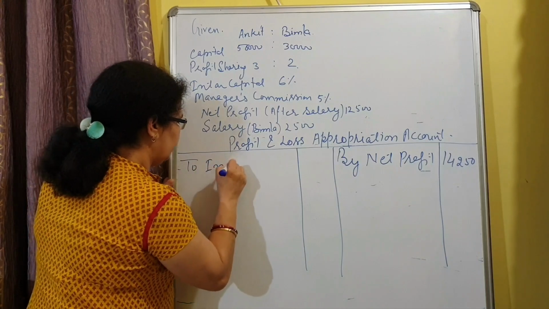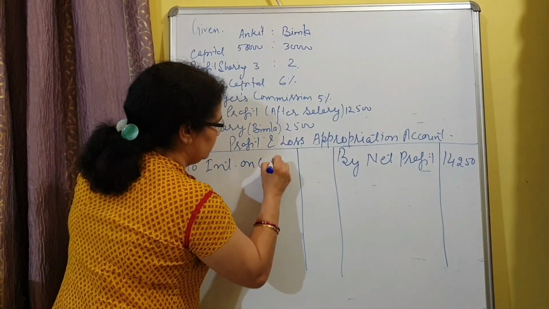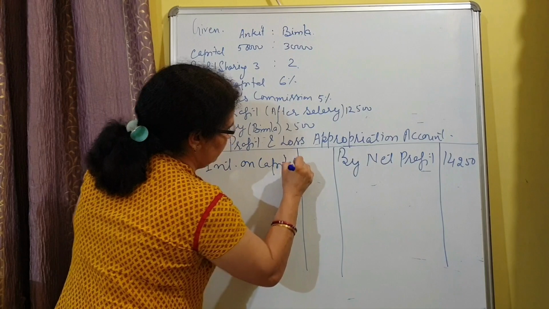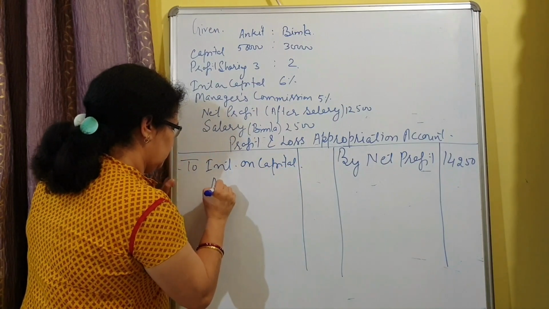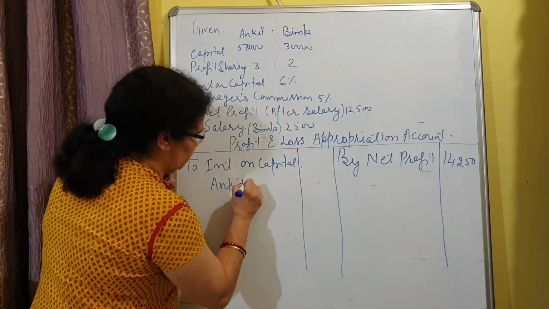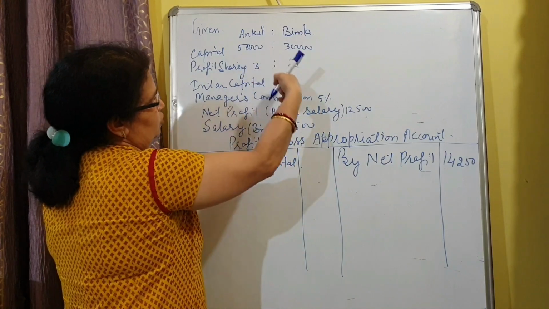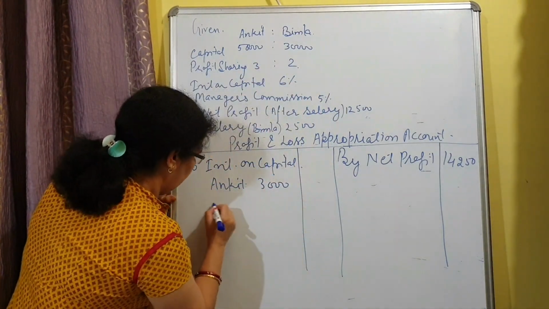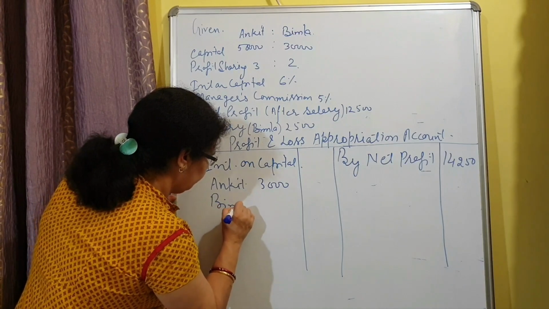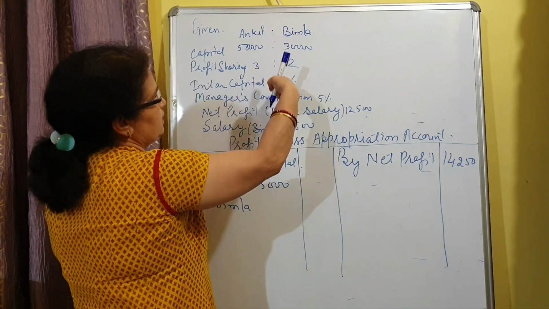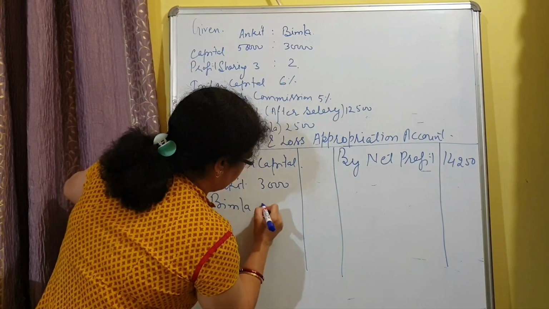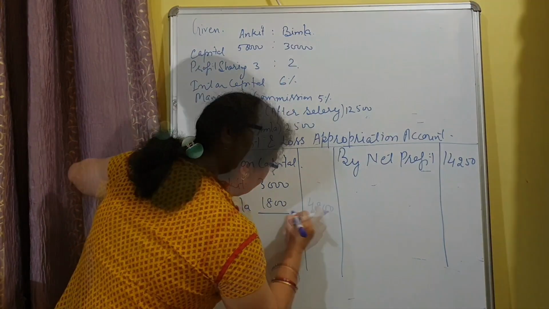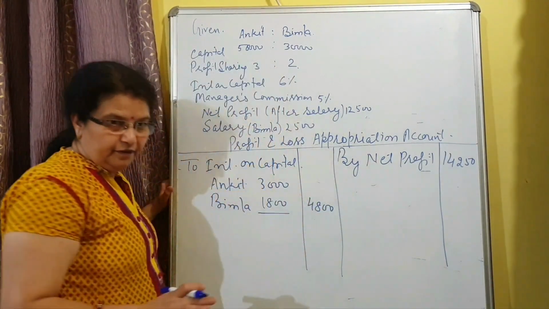To interest on capital, Ankit 50,000 into 6%, that is 3,000 rupees, and Bimla 6% of 30,000, meaning 1,800, that is 4,800 in total.